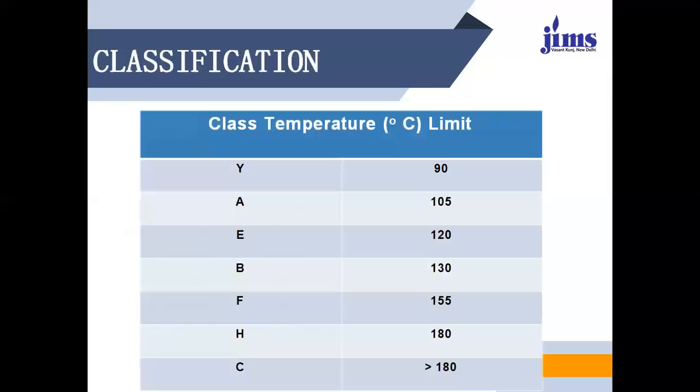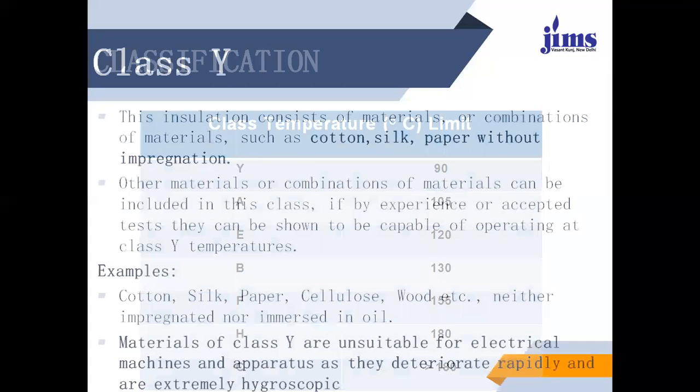Class Y has a temperature limit of 90 degrees Celsius, class A 105, class E 120, class B 130, class F 155, class H 180, and class C more than 180 degrees Celsius, which is the limit of the component.